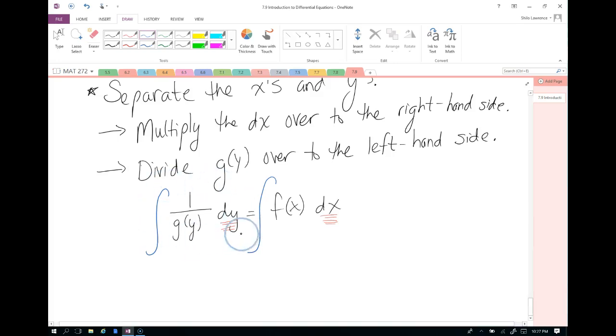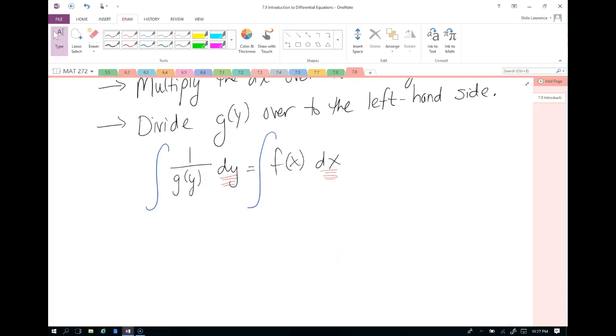And these integration problems shouldn't be very difficult. They should be pretty straightforward. That'll get rid of the dy and the dx once we do the integration, and now we'll just be left with an equation that has x's and y's in it. So if at all possible, once we get that, after integrating, we want to solve for y.